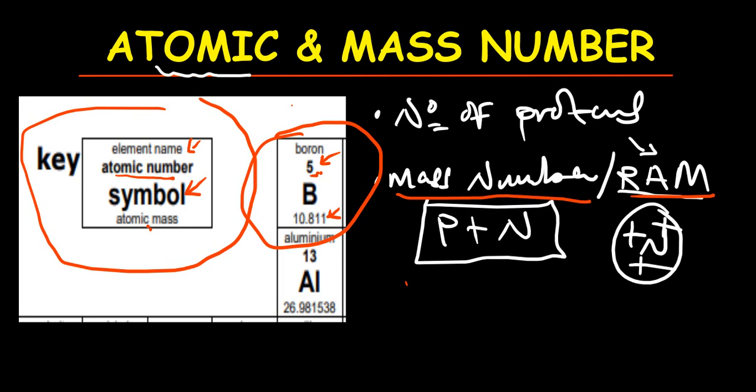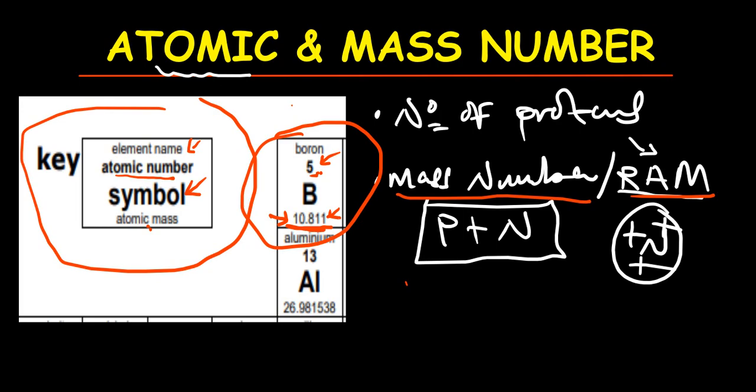So for boron, to find this 10 here, it means they added all the relative masses for all the isotopes of boron. We are going to see later how we can calculate this number. It's a very simple formula that we're going to be using. So make sure you know that.